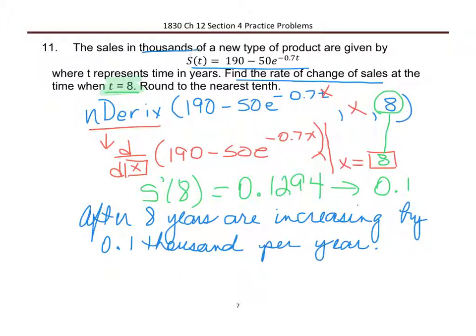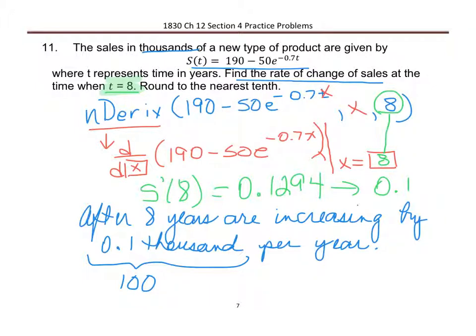And sales in thousands doesn't necessarily mean that's in thousands of dollars. That could be that many thousand products increase in sales. So 0.1 thousand, alternatively, you could say, is 100, because 1/10 of 1,000 is 100.